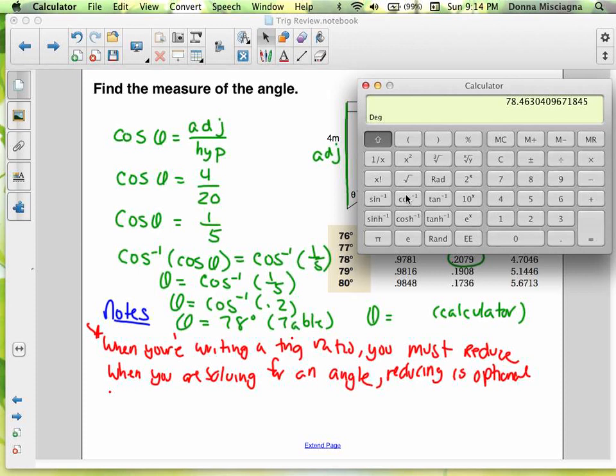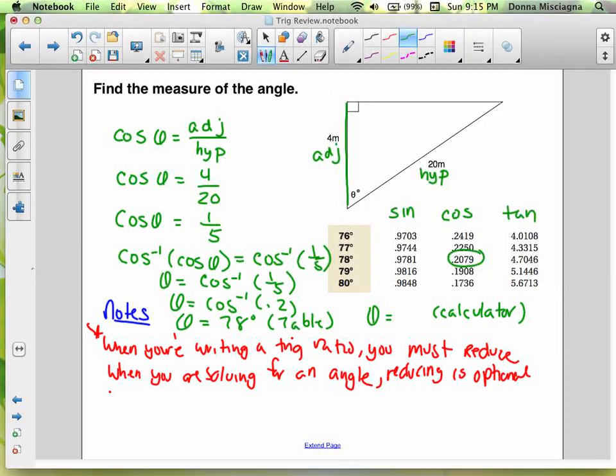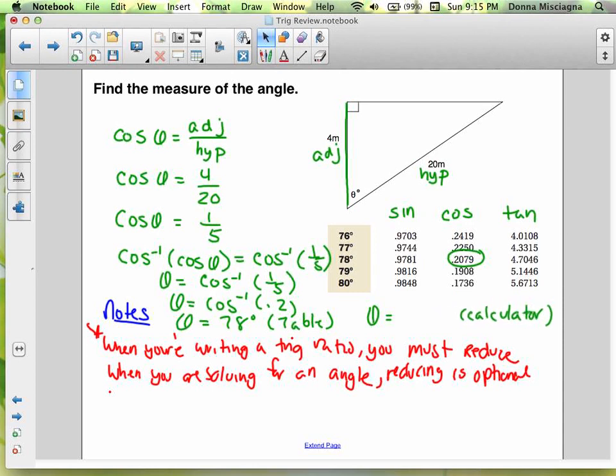Like I said, you might want to put 78.5. Look at that, we are 78.46 degrees, very close to 78.5. But either answer is okay with me, the calculator answer or the table answer.